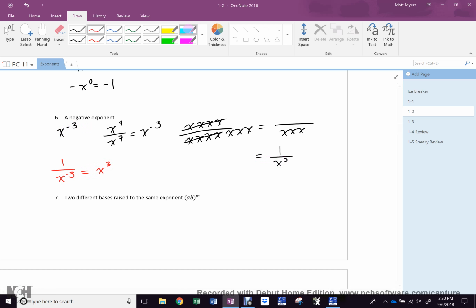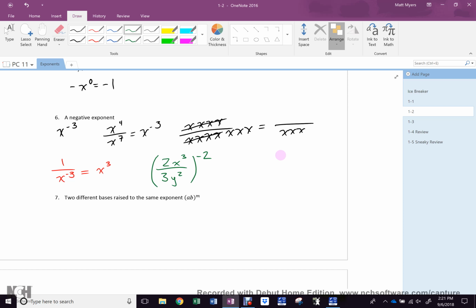Now, the problem that you people have is when I give you one of these. 2x cubed over 3y squared, all to the negative 2. This is where you go, look at all the other rules and see if you can remember how to sort this out.